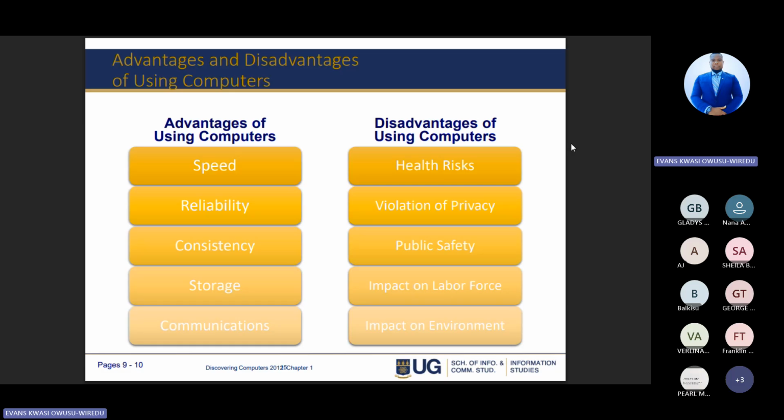The space of time you will use vis-a-vis the time that the computer will use would be quite obvious, right? And so you would realize that the computer helps us to do things faster. And so this is why we resort to computers to our aid when it comes to these calculations and anything that the human mind seems not to be abreast with fast enough. Okay, so it obviously gives us speed.